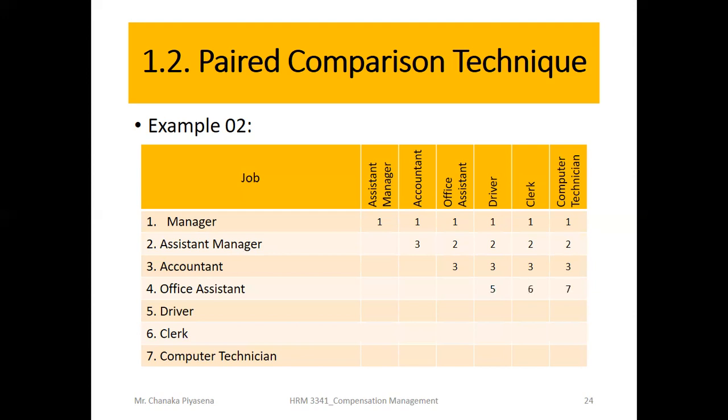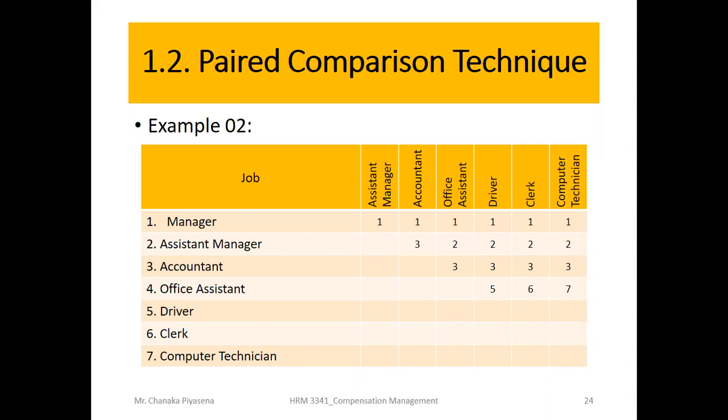Then the office assistant compared with the driver, clerk, and the computer technicians. Number 4 represents office assistant, driver represents number 5, clerk represents number 6, and number 7 represents computer technicians.